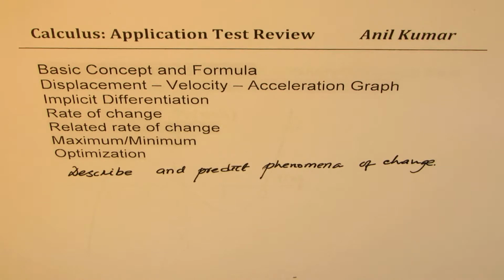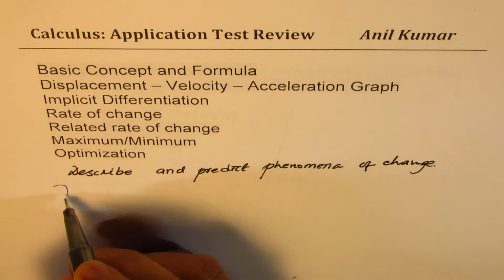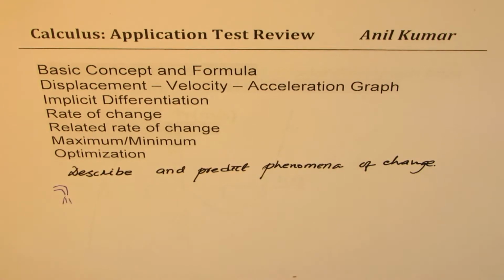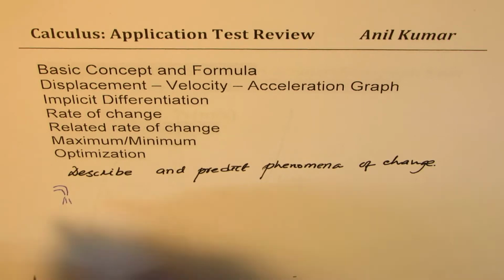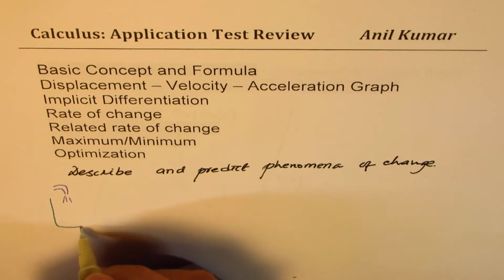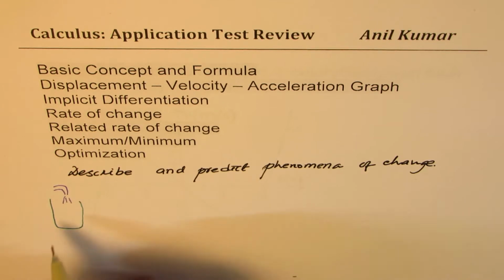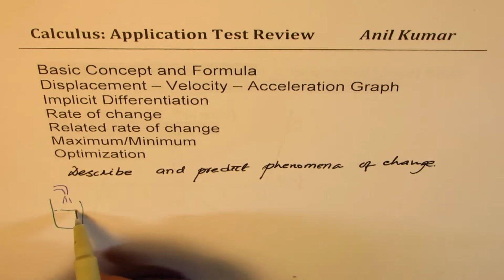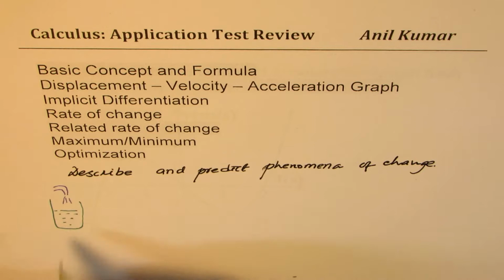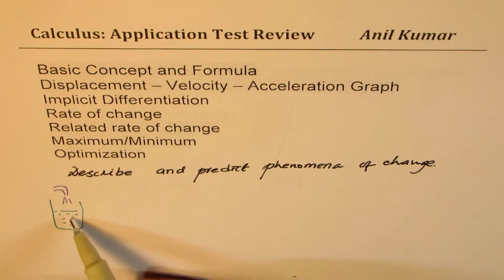For example, you must have noticed that, if you are filling a tank with water, then what you notice is that the level of the water changes depending on the container. The rate of change of the height of water can be predicted, correct? So that's a lot of dynamics.